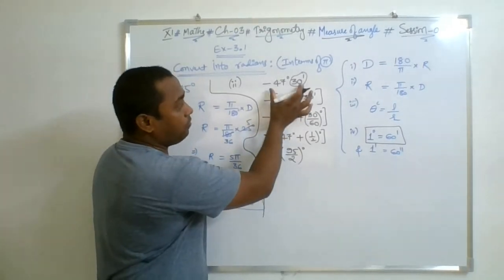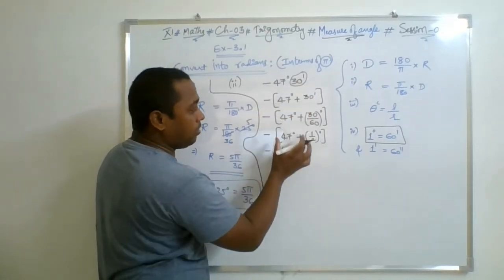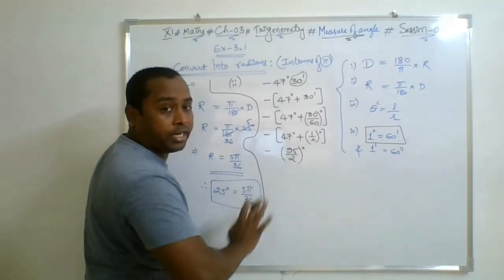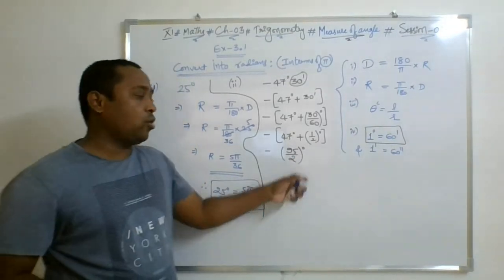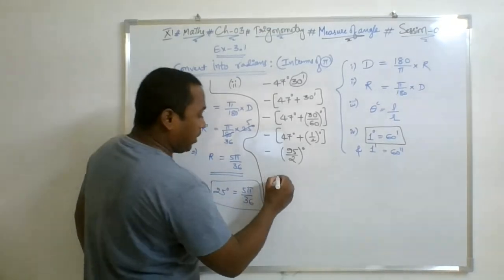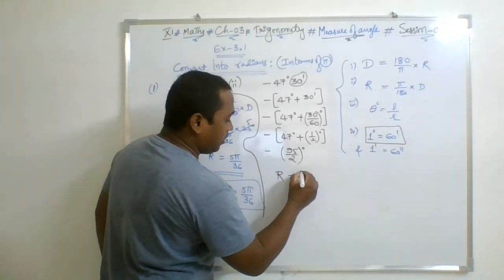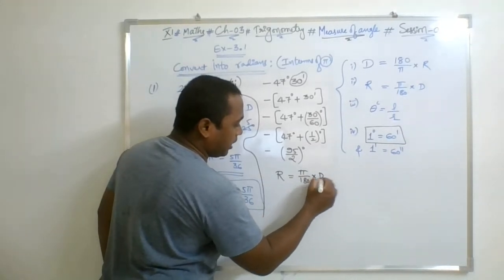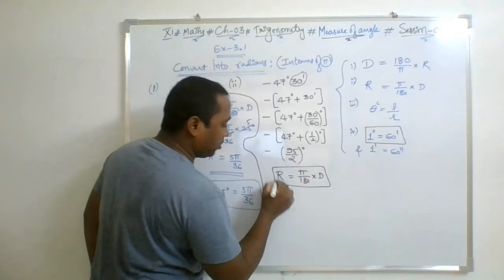After converting the entire figure into pure degree form, you can go for conversion of the angle. Radian measure is nothing but pi by 180 into the degree measure. This is the relation.